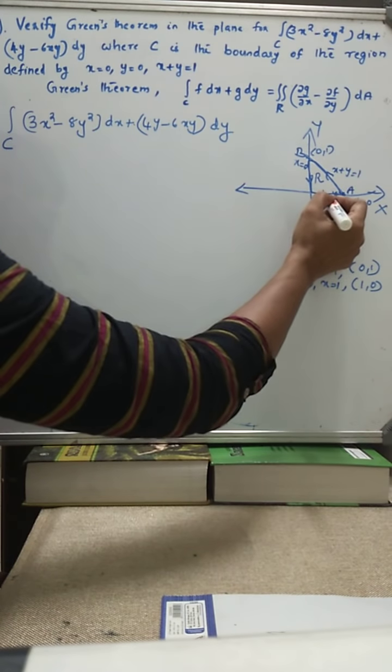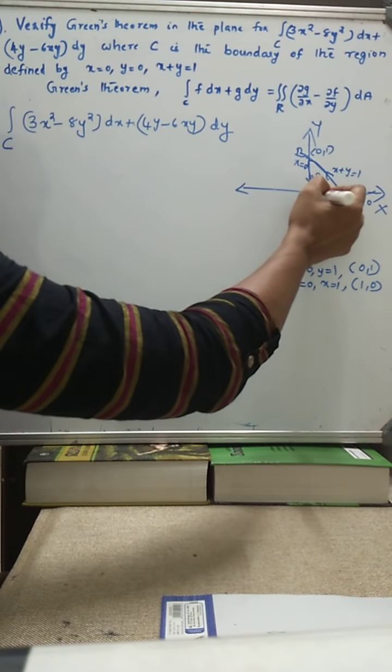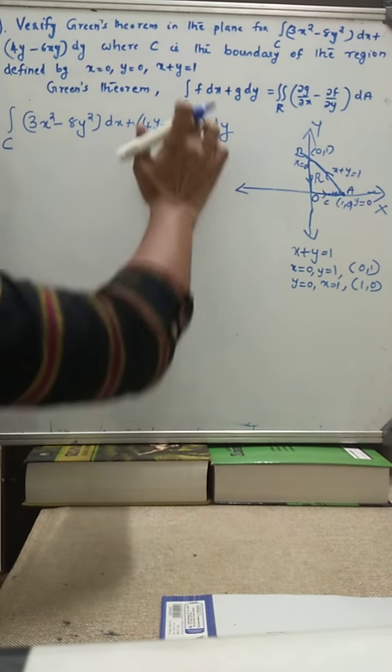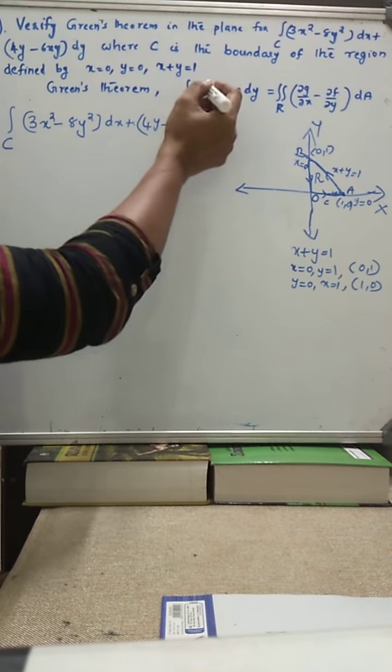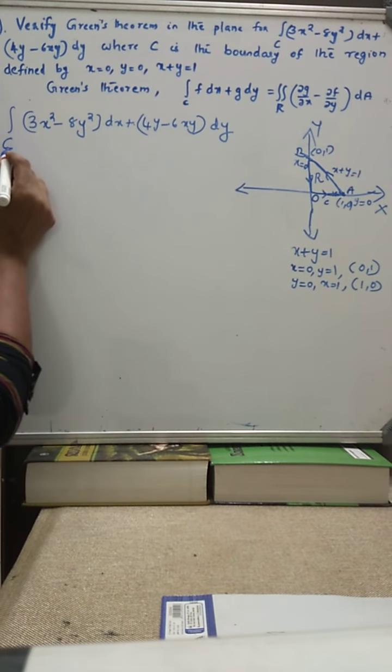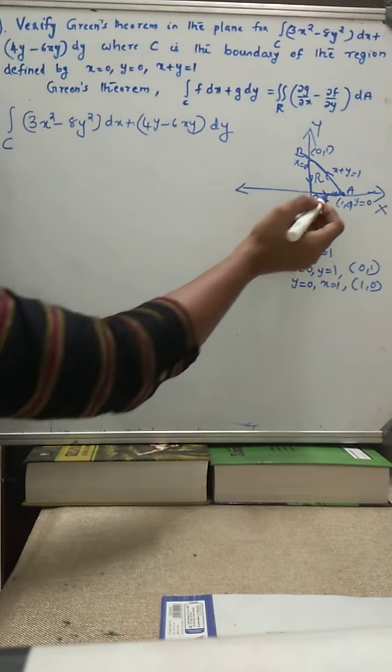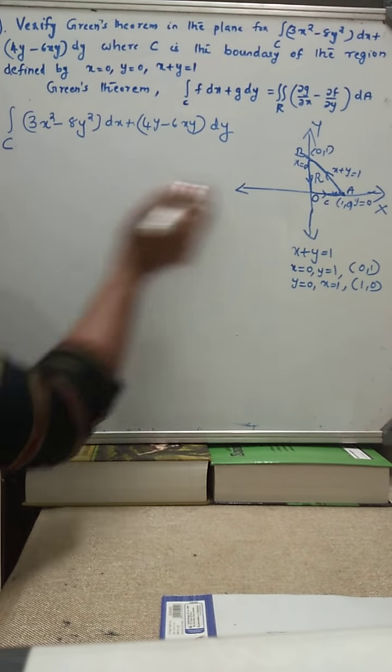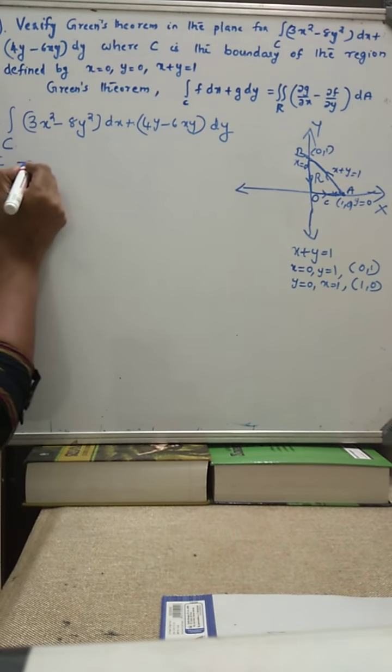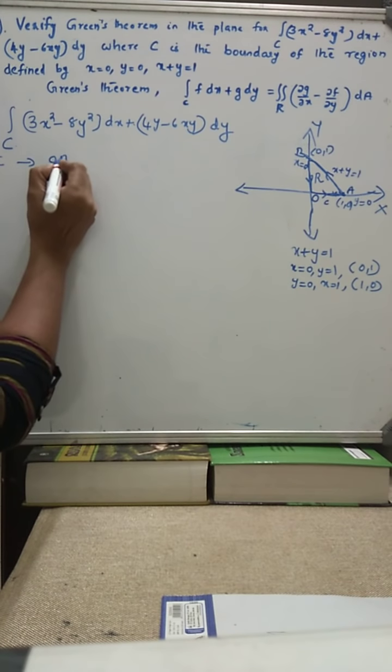The boundary of the region is the curve C. What we are going to find is the integral of this over the boundary C. To evaluate the left hand side, we know that C is the curve OABO.